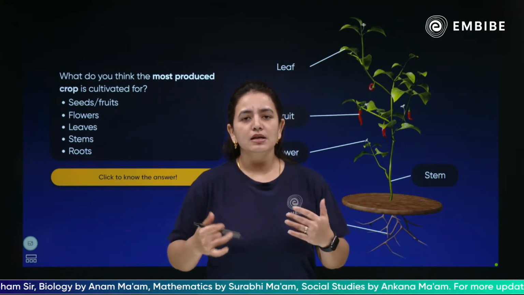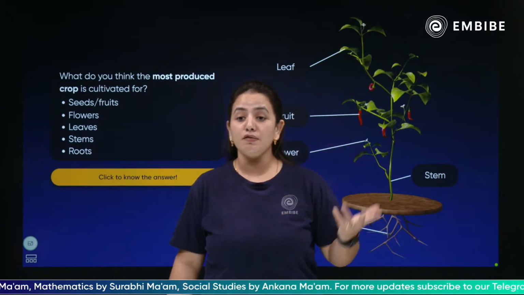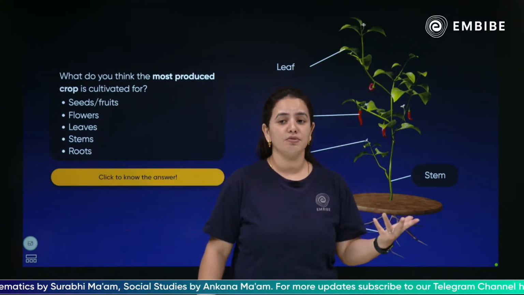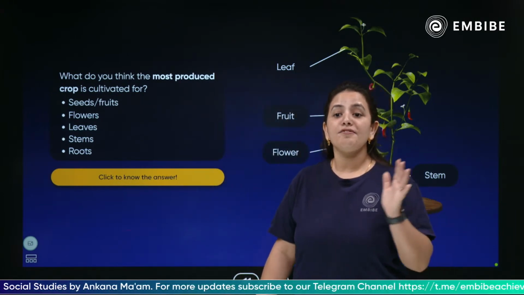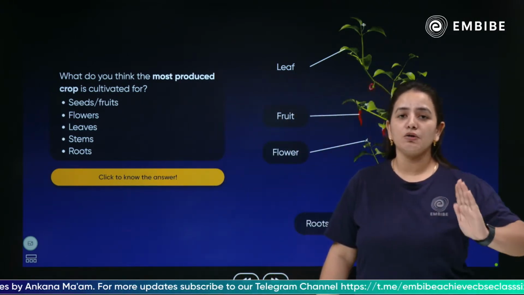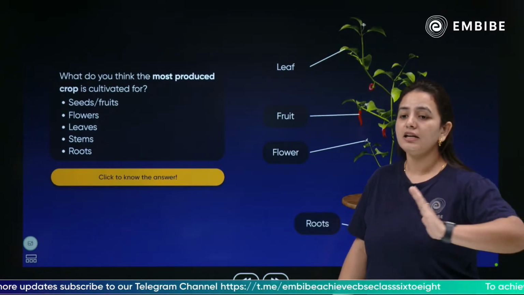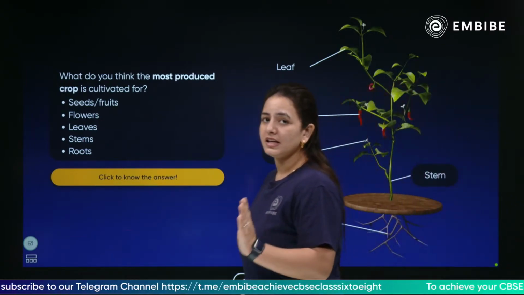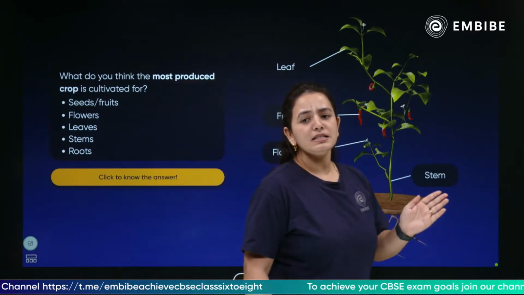Sometimes we eat the stem of the plant, sometimes the flower, sometimes the seeds, sometimes the root. Which part of a particular plant is edible for consumption totally depends on the agriculture practices and that particular plant. Simple.